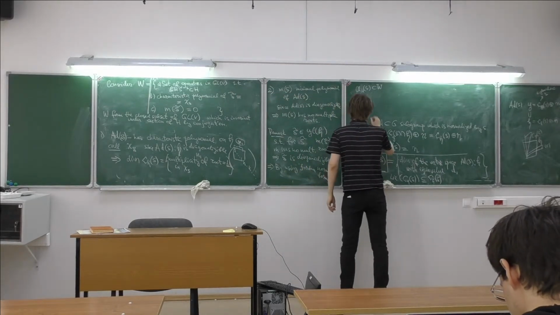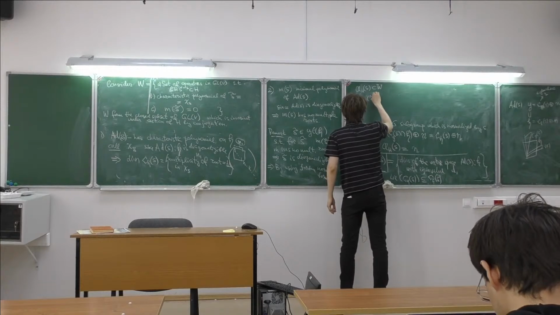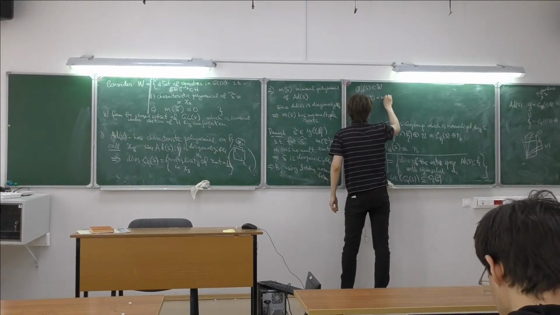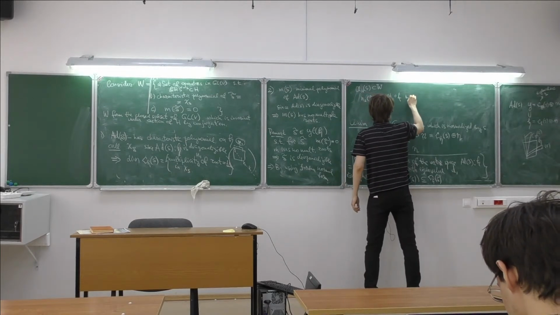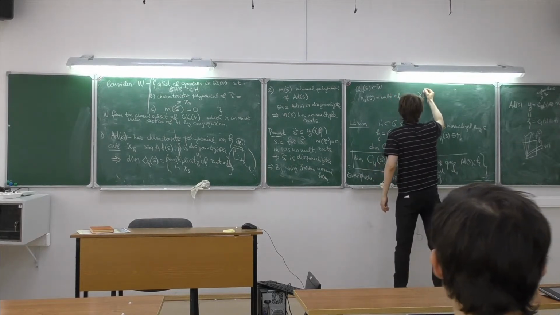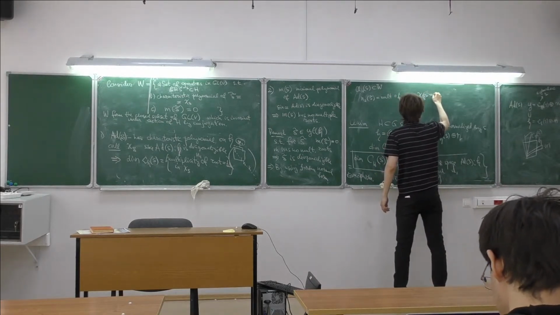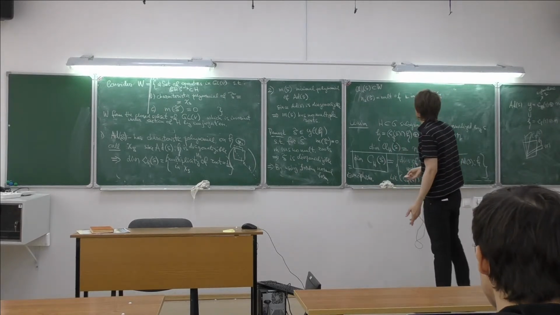So we know that if you write down n1 of S tilde, it is equal to the multiplicity of 1 in the characteristic polynomial of S tilde, which is just the characteristic polynomial of S. Yeah?